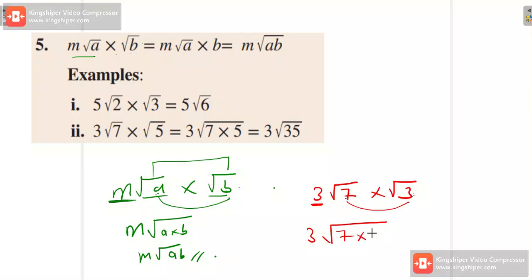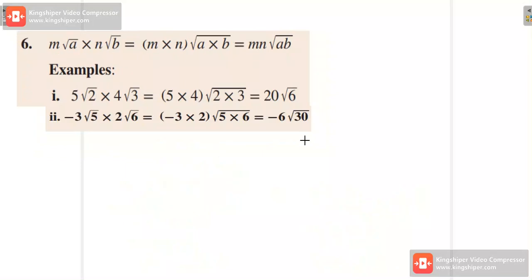So 7 times 3. And that gives us 3 root of 21. So we can try hands on these ones. We have root of 7 and root of 5. So it becomes root of 7 times 5. Then there is 3 here. So 3 root of 7 times 5. That gives us 3 root of 35.